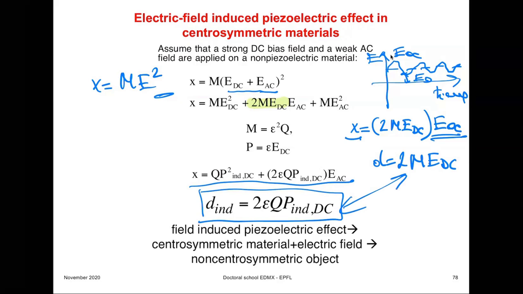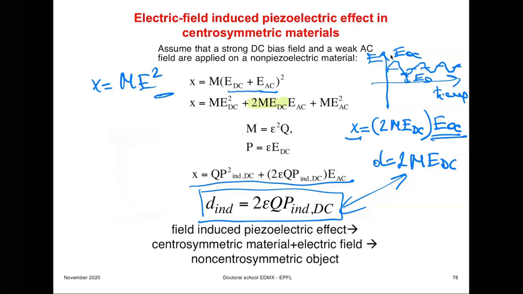Well, once you apply an electric field, a DC electric field, on a centrosymmetric material, that electric field will induce polarization in the material and will therefore make it non-centrosymmetric. If you have a vector polarization, it's not centrosymmetric because this part is different than this part.